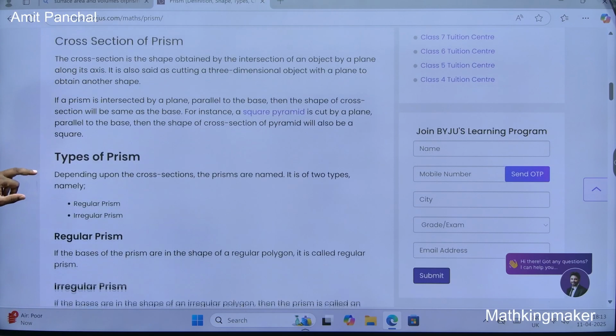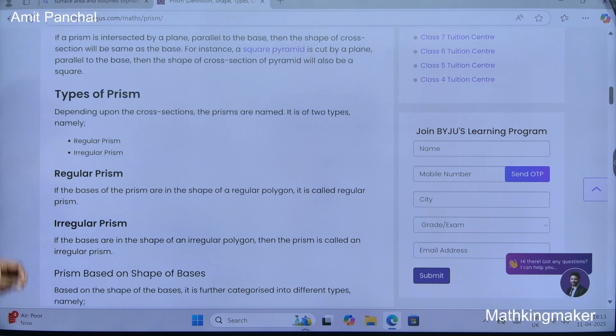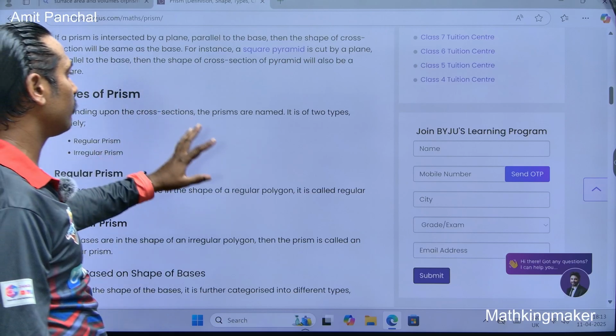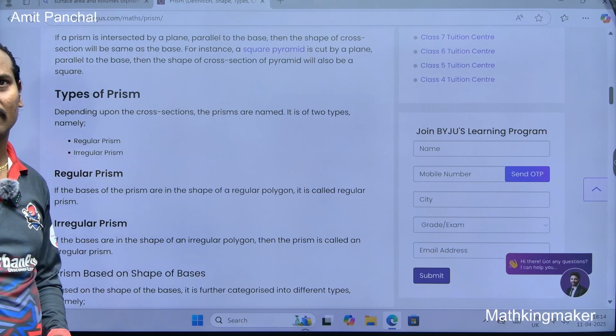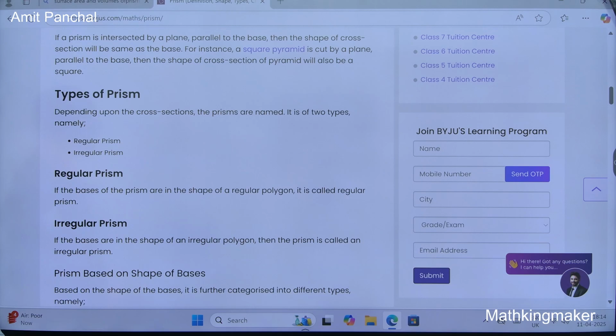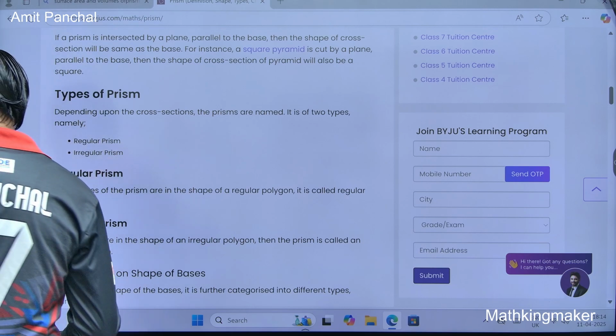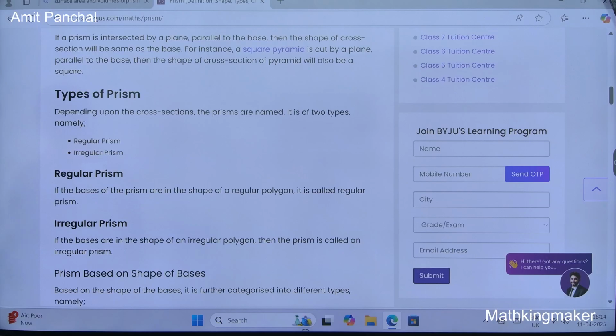Now there are types of prism, depending upon the cross sections. As your cross section is, the name of the prism is different. One is the regular prism, another is the irregular prism. A regular prism means its base is a regular polygon. You know what a regular polygon is? Yes, all sides are equal.